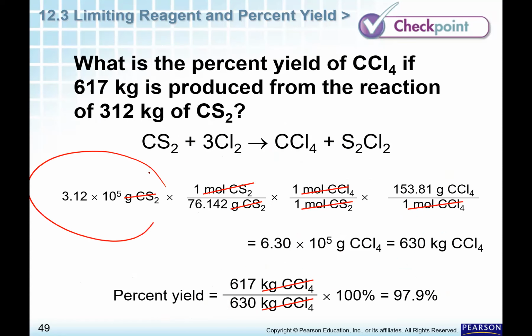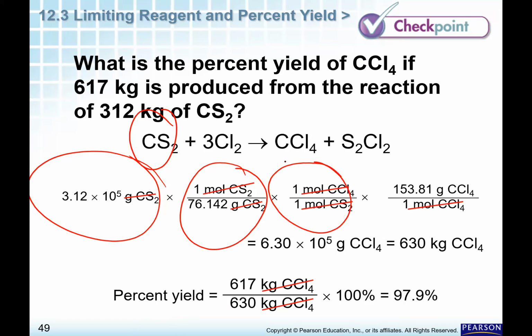So here's the amount that we start with, the CS2, which is 3.12 times 10 to the 5 grams, multiplied by 1 mole over 76, and that is the molar mass of CS2, multiplied by 1 mole over 1 mole, just to confirm that these are the same number of moles. Then times the molar mass of CCl4, that will give you the number of grams of CCl4 theoretically produced, which is equivalent to 630 kilograms.